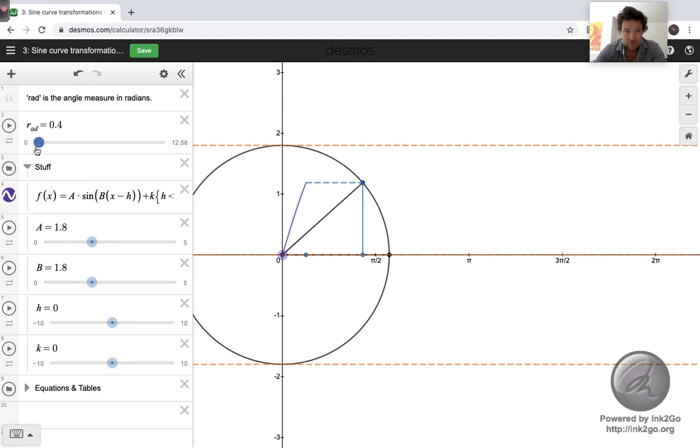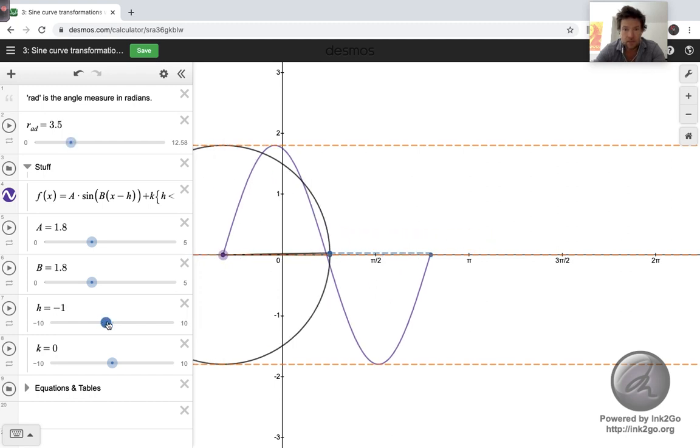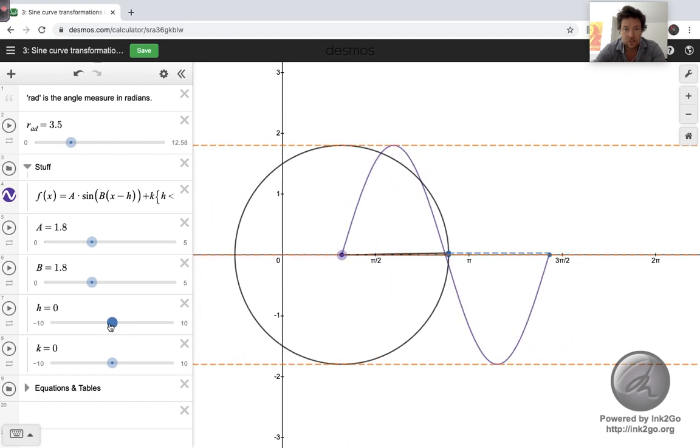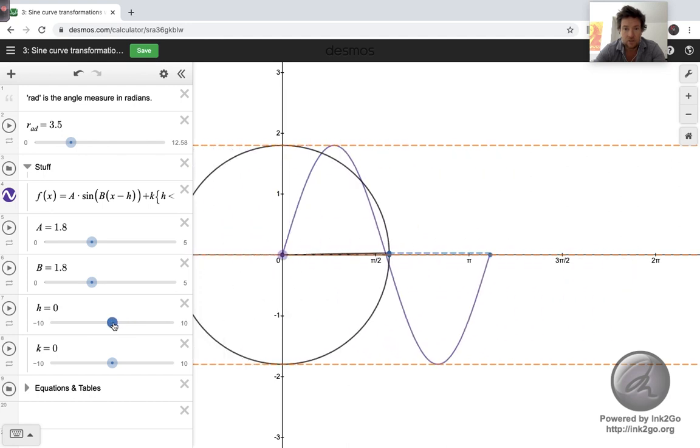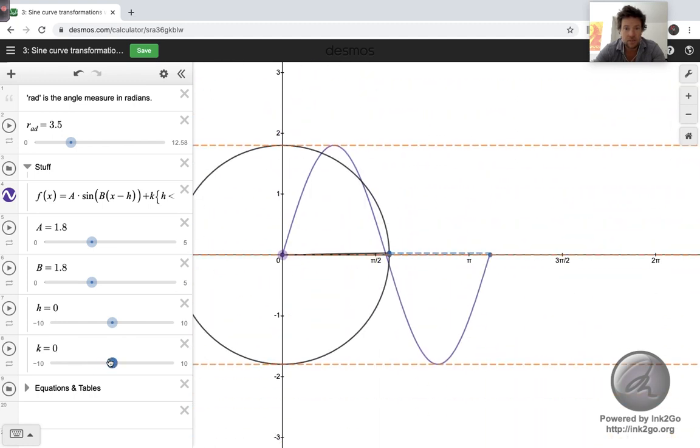I'm sort of amplifying or speeding up the outputs of the function. This is a little bit more difficult to visualize with the circle, but it's like moving faster around the circle, and we'll discuss that in more detail as well. And finally, left and right, it's kind of like shifting the circle along, so the function is following it. Horizontal and vertical translation are a little bit more obvious to visualize.